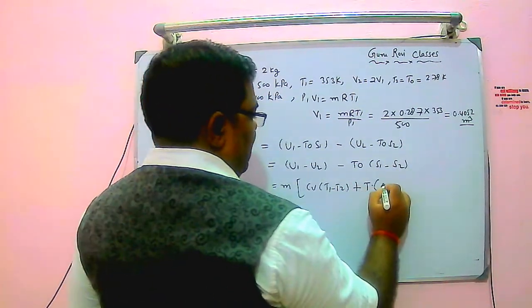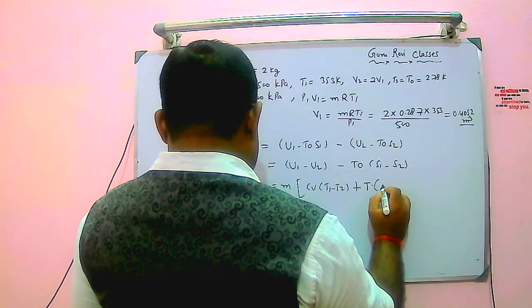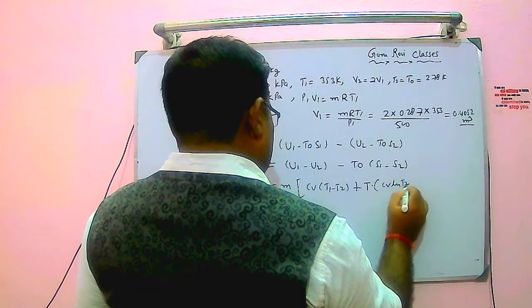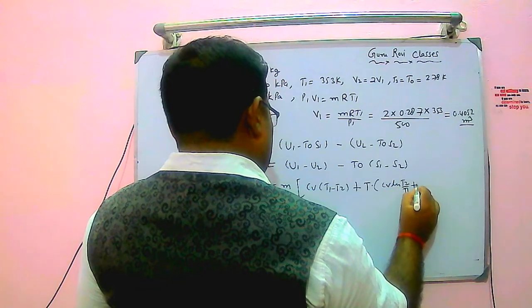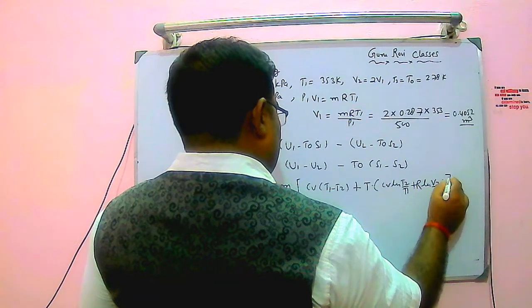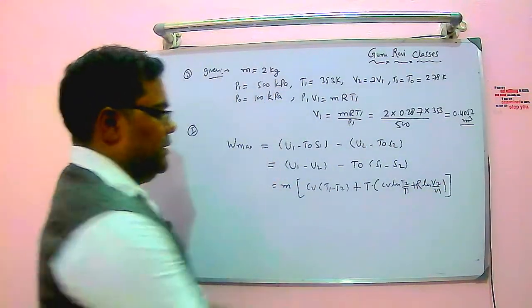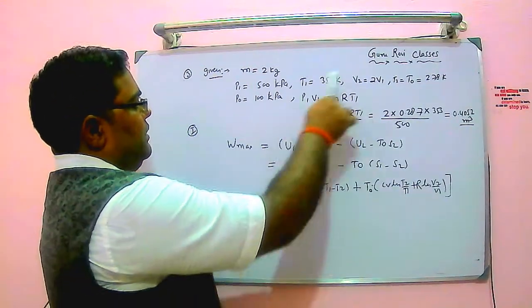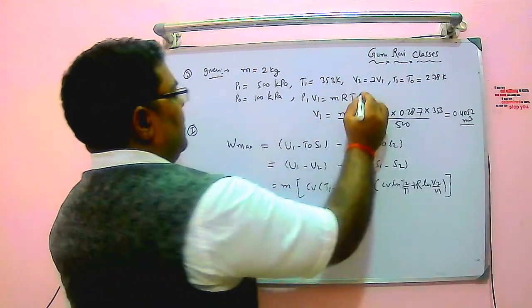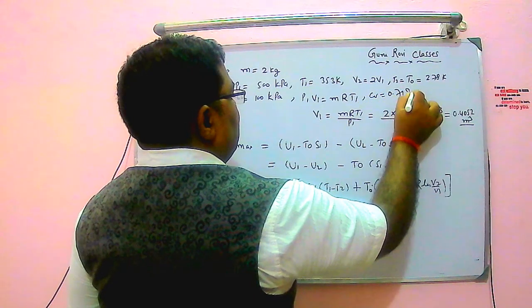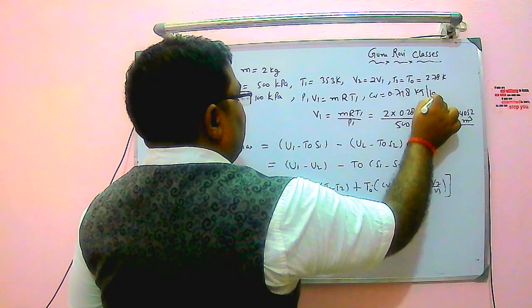So I can write now the equation for this one: Cv ln of T2 by T1 plus R ln of V2 by V1, bracket close, and this is T naught. You know all the values, T1, T2 are given, Cv value is also given, that is 0.718 kilojoule per kilogram Kelvin.